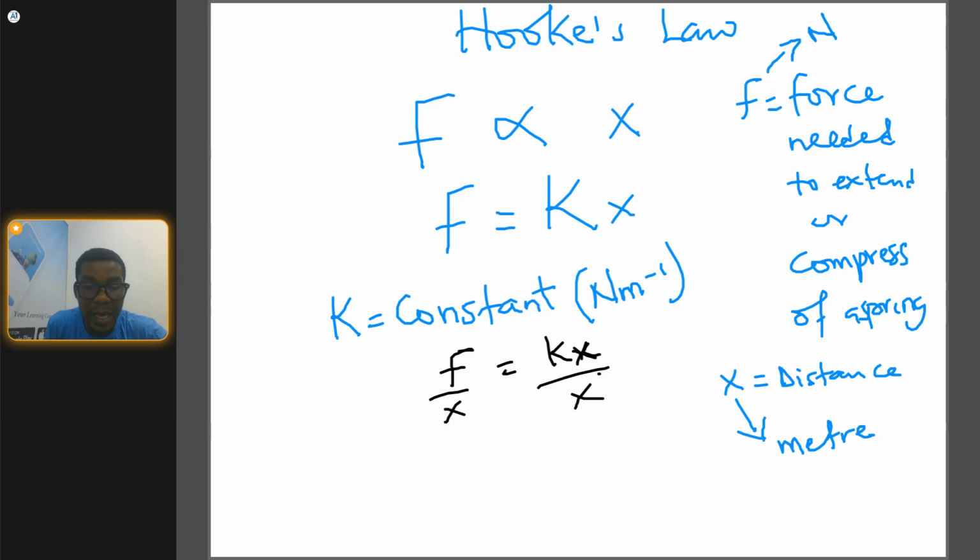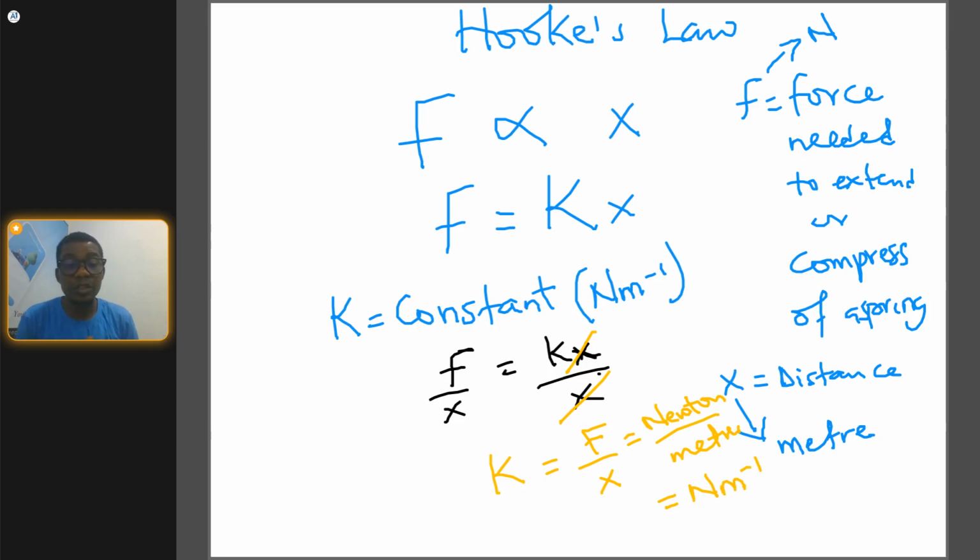The x cancels x, so k equals force over x. Force is measured in Newton and x is measured in meter, so that gives us Newton per meter. So the unit of the constant is Newton per meter. This is the mathematical expression of Hooke's law.